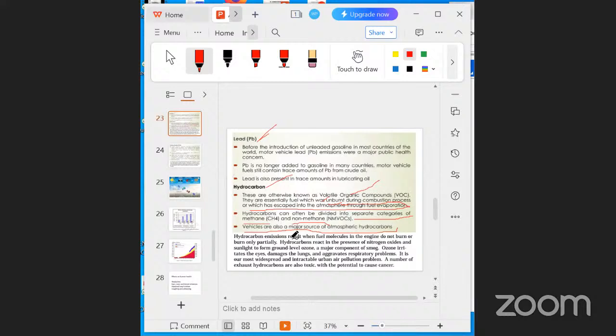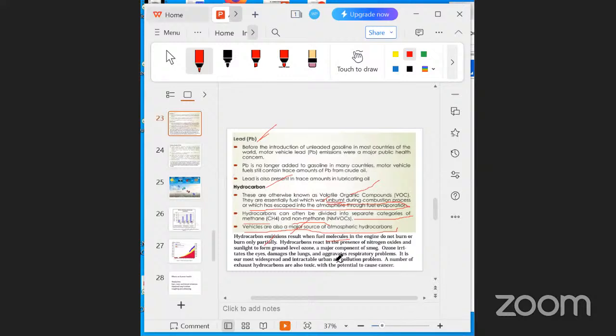Hydrocarbon emissions result when fuel molecules in the engine do not burn, or burn only partially.